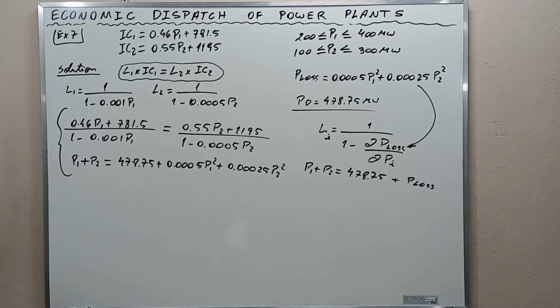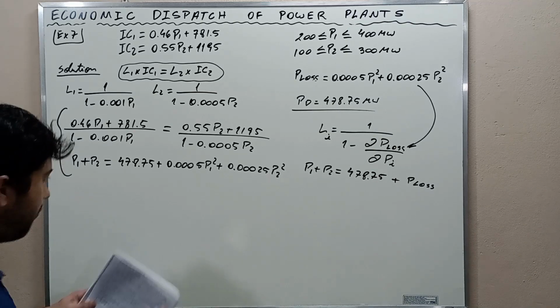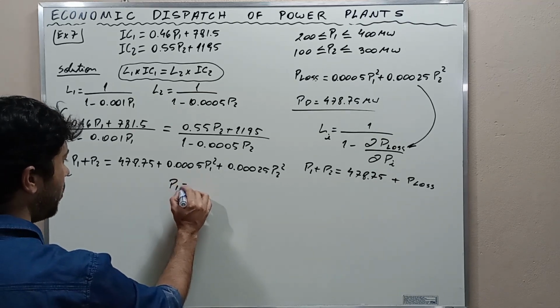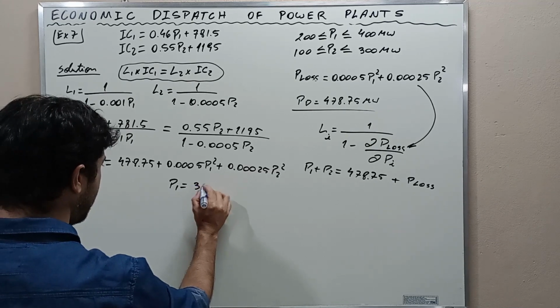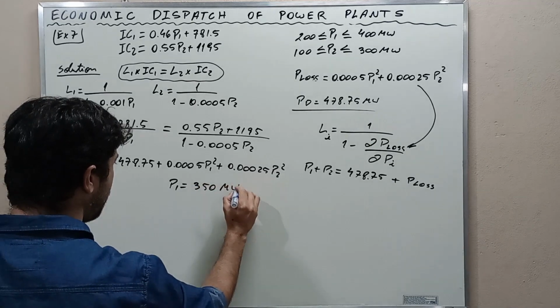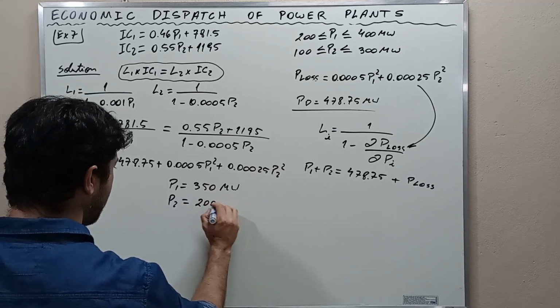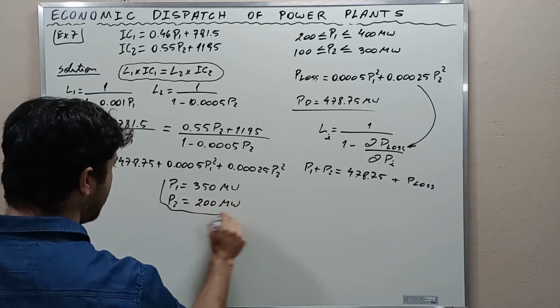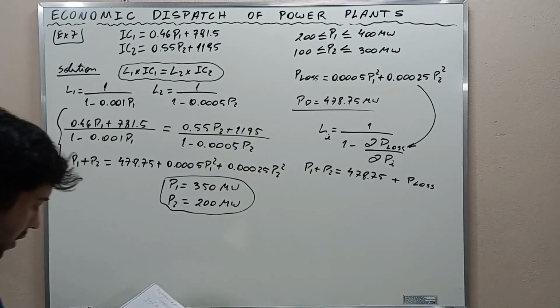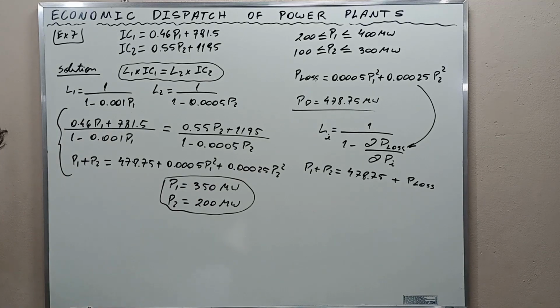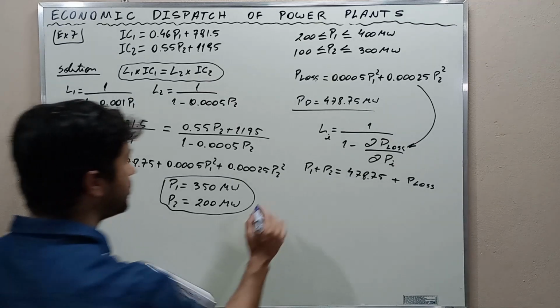I used Wolfram Alpha, and Wolfram Alpha gave me P1 equal to 350 megawatts and P2 equal to 200 megawatts. Okay, my friends? From the values of the powers of each power plant, we find the level of losses.